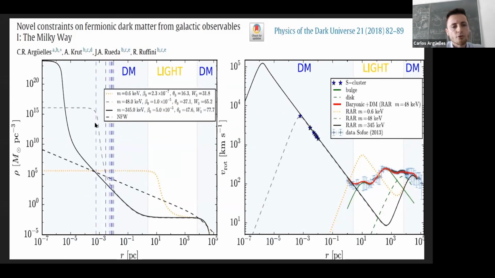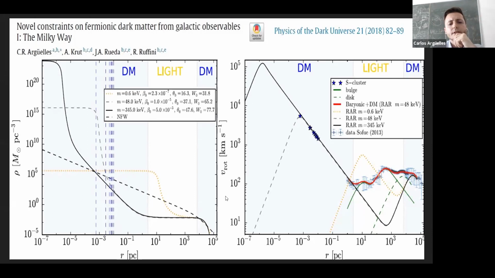I show here in black the core-halo profile of fermions for a particle mass of 345 keV, down to the core-halo profile in dashed gray for a particle mass of 48 keV. So this particle mass range, because a key feature of this profile is that the larger the particle mass, the more compact and dense is the central core, until you reach the critical value of collapse due to the fermion degeneracy reached by this core.